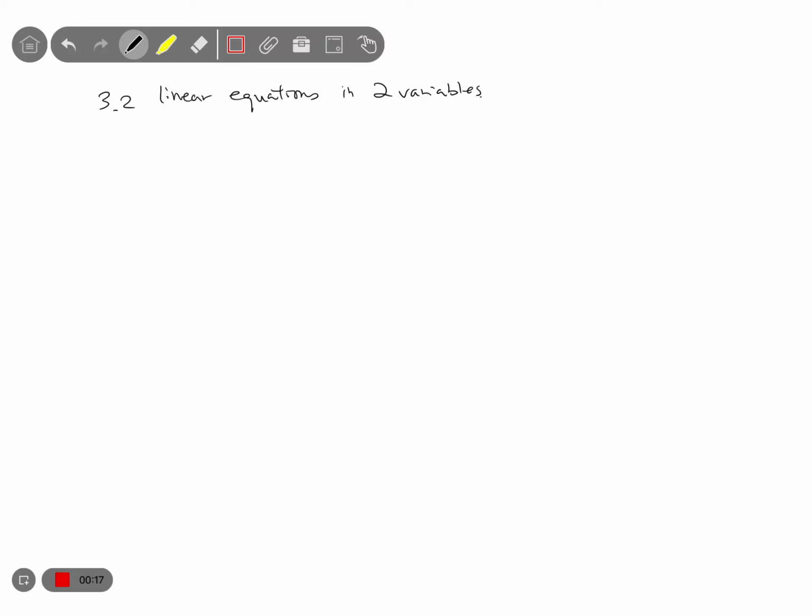Now, when we talked about this in class, we called the equation of two variables an upgrade because we talked about equations in one variable. If you remember, a linear equation in one variable takes the form ax plus b equals c, where a is not equal to 0.